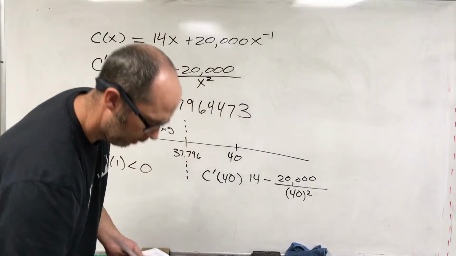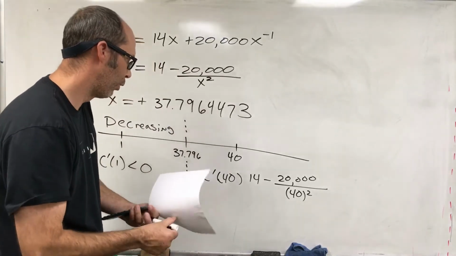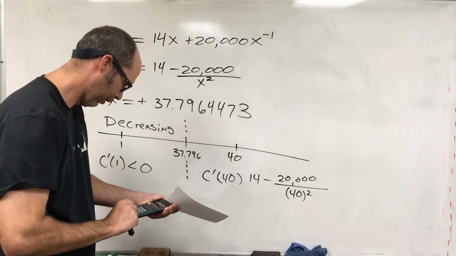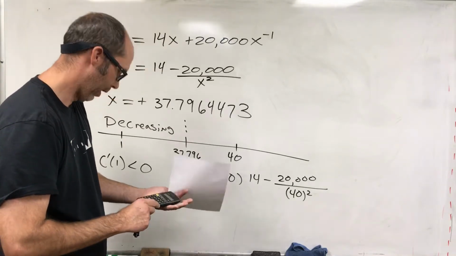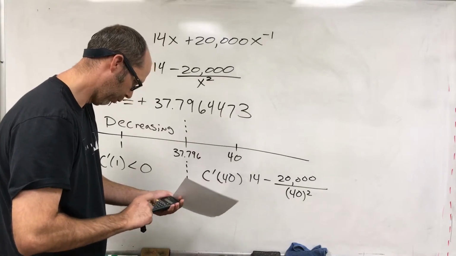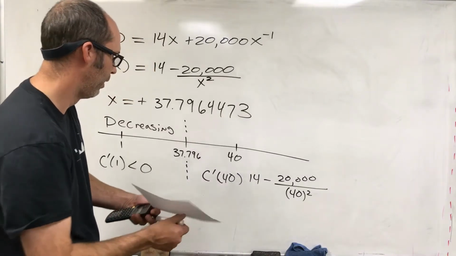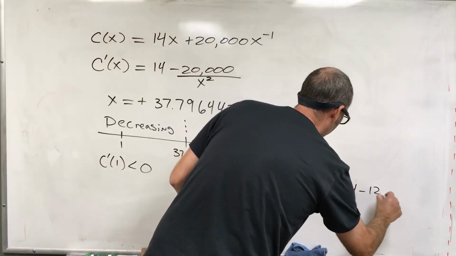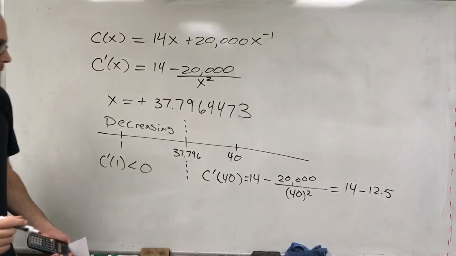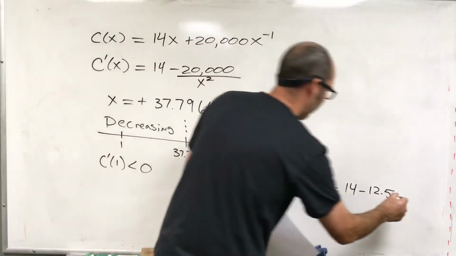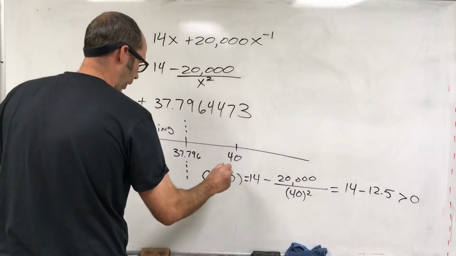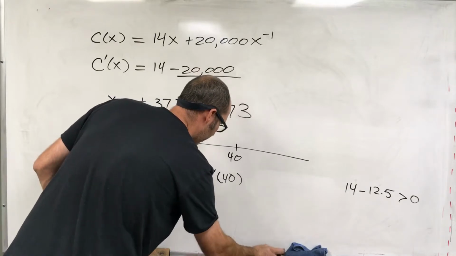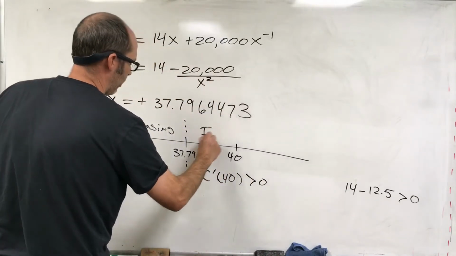Let's just take 20,000 divided by 40 squared, which is 12.5. So this is 14 minus 12.5. You can see that's going to be a positive number. So C prime on this interval is positive, so we're increasing.